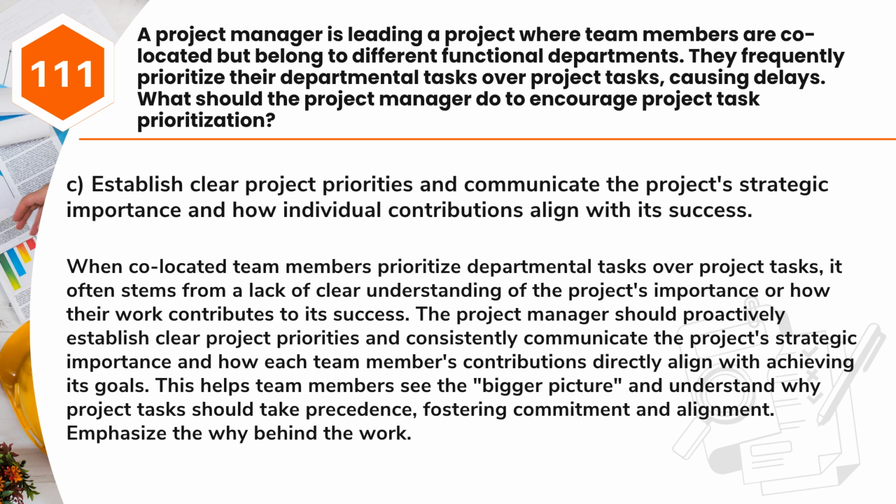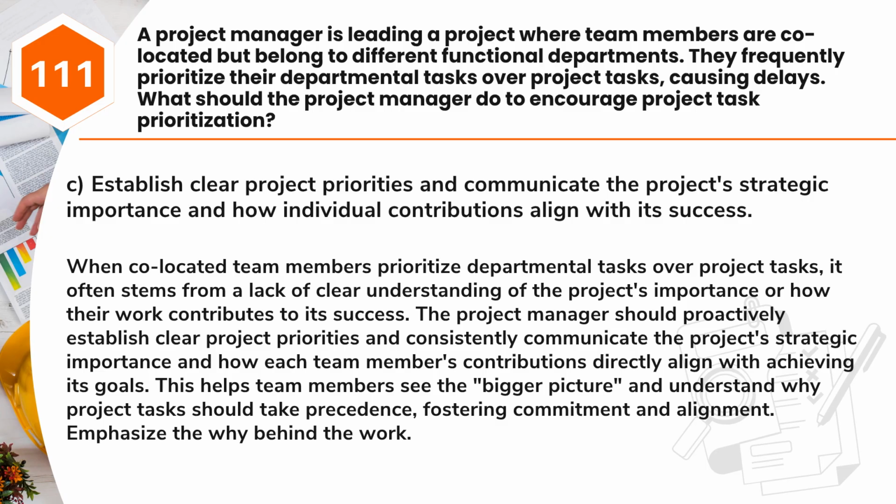Answer: C. Establish clear project priorities and communicate the project's strategic importance and how individual contributions align with its success. When co-located team members prioritize departmental tasks over project tasks, it often stems from a lack of clear understanding of the project's importance or how their work contributes to its success.